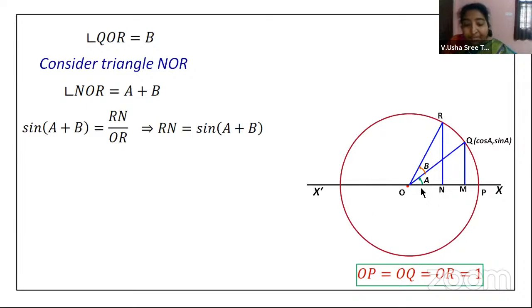Likewise, we will calculate cos of A plus B also. Cos of A plus B is ON by OR. OR is the hypotenuse, which is nothing but the radius, equal to 1.